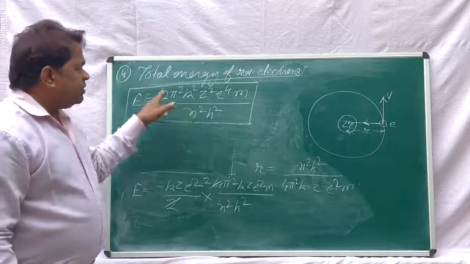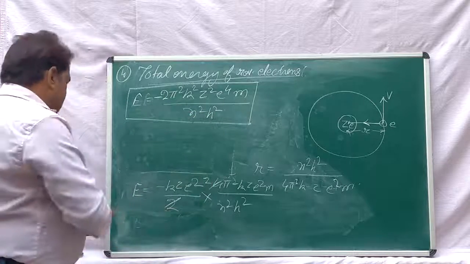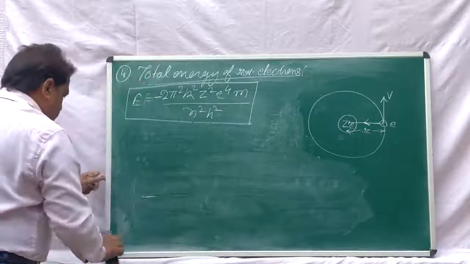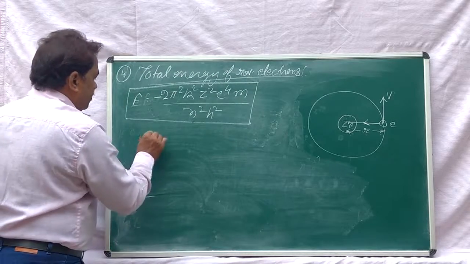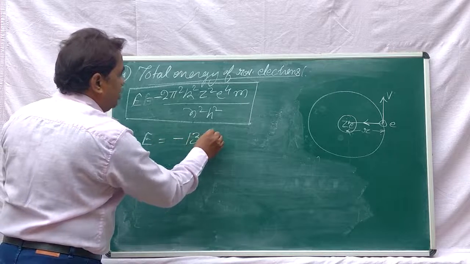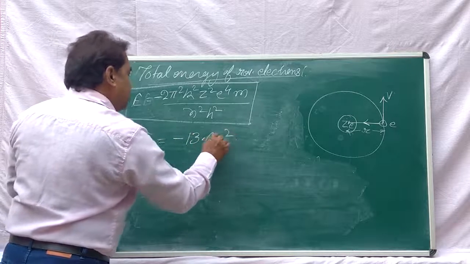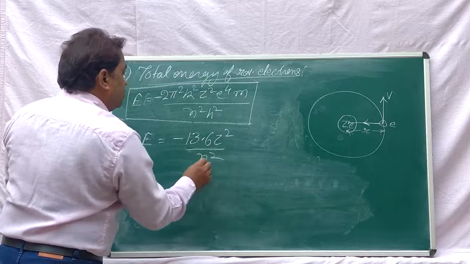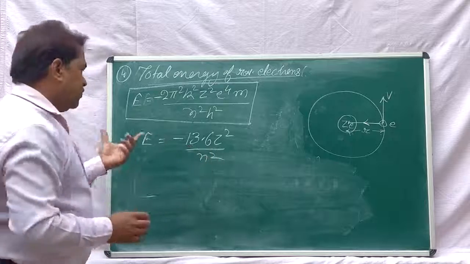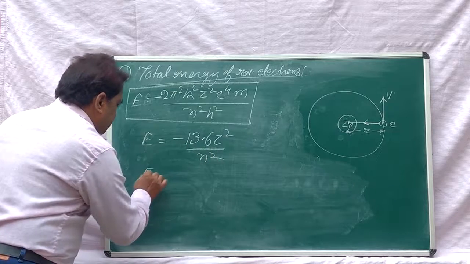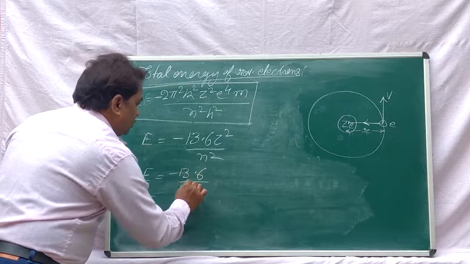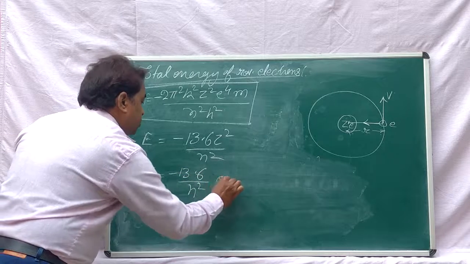When we put the values of these quantities, the calculated value becomes E is equal to minus 13.6 Z square upon n square, and for hydrogen atoms Z is equal to 1. So finally the total energy becomes minus 13.6 upon n square electron volts.